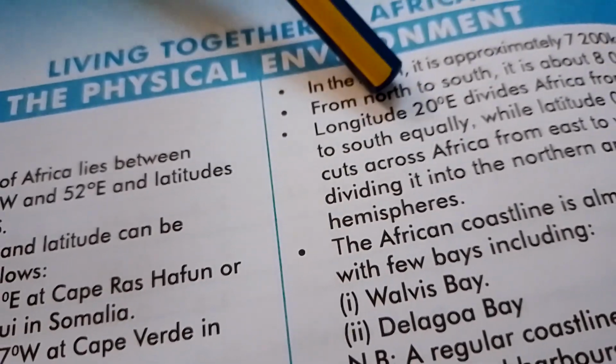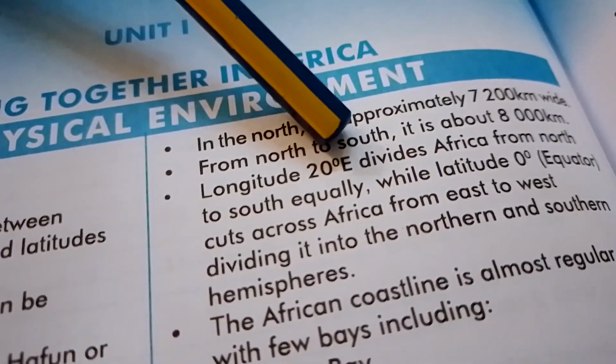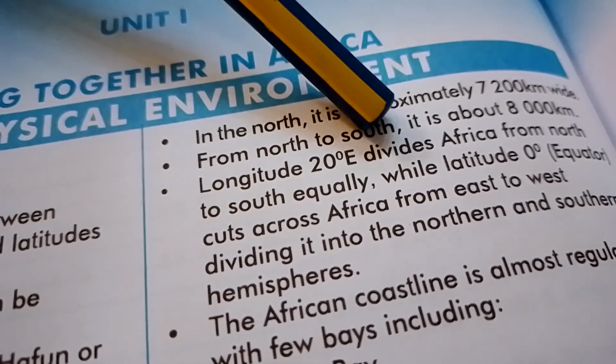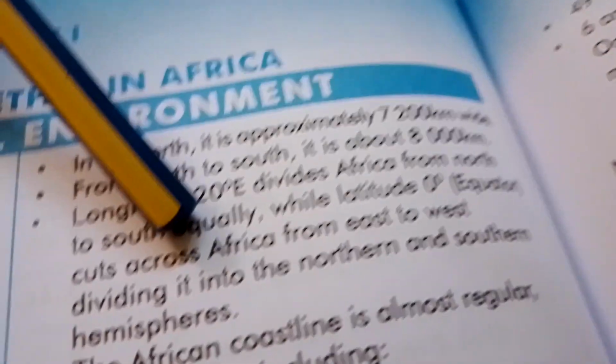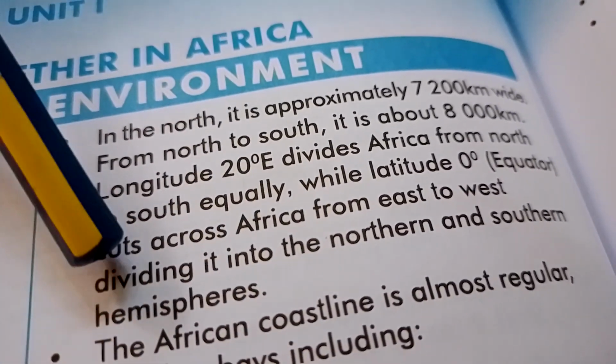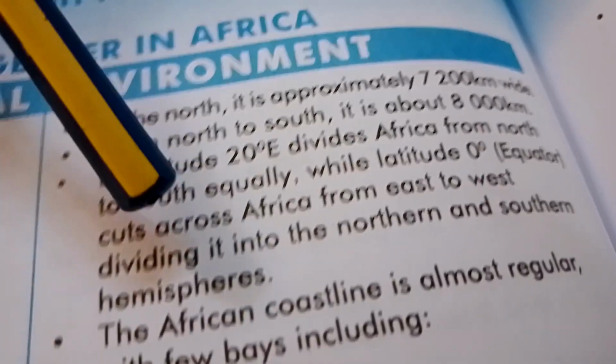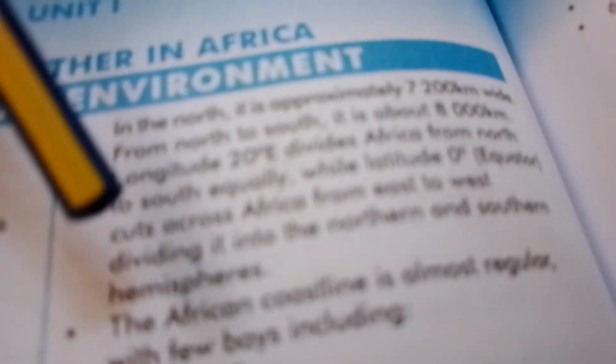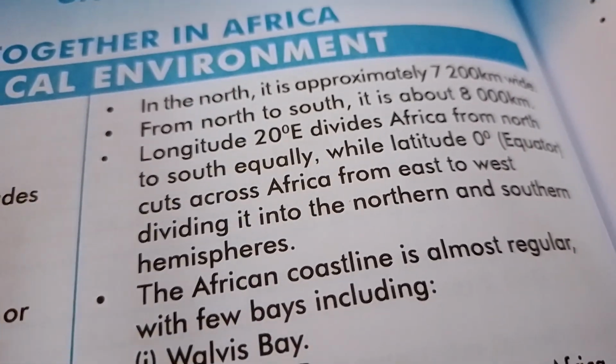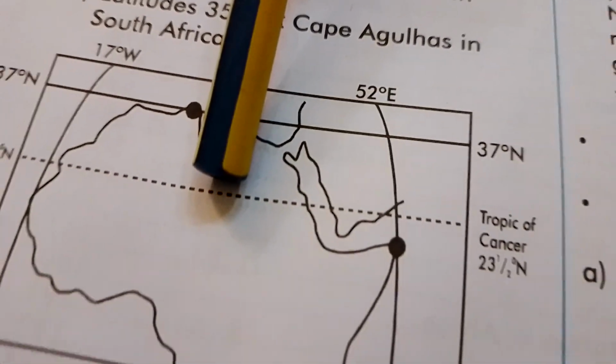Then longitude 20 degrees east divides Africa from north to south equally, while latitude 0 degrees cuts Africa from east to west, dividing the continent into the northern and the southern hemisphere. So we have longitude 20 degrees that divides Africa into two equal parts.